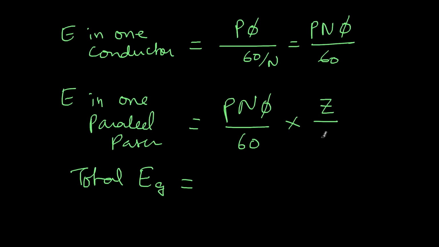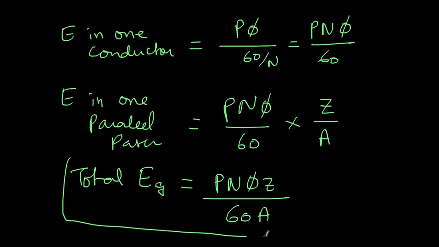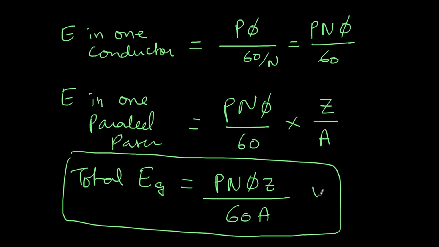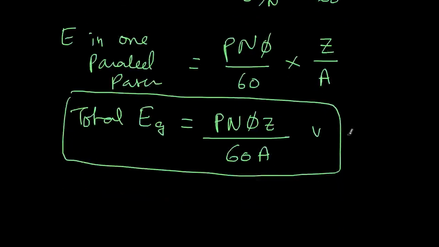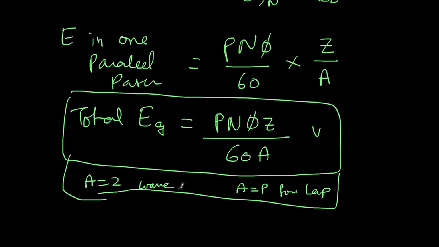So there is a Z and then A will be your answer. So finally I'll get P n phi Z by 60A. So this is the EMF equation for the generator. So based on this, let's work out. A equal to 2 for wave winding and A equal to P for lap winding. So this also you can just add as additional information.